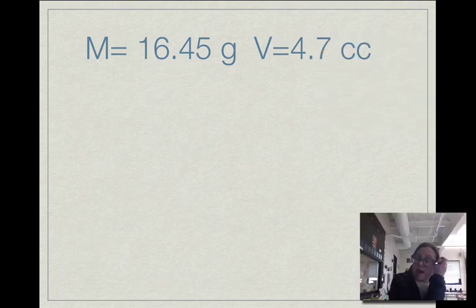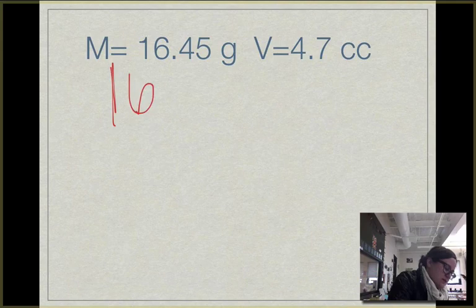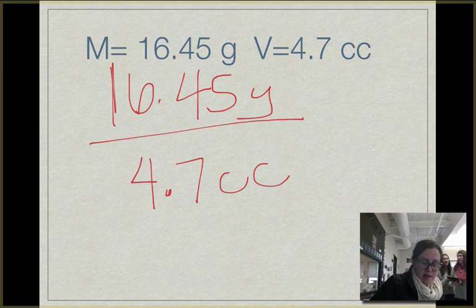I know that density is mass divided by volume, so I will take 16.45 grams divided by 4.7 cubic centimeters. Put that in my calculator.